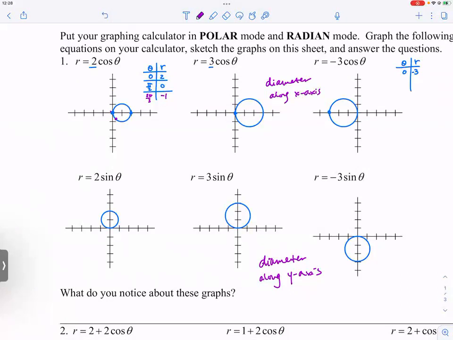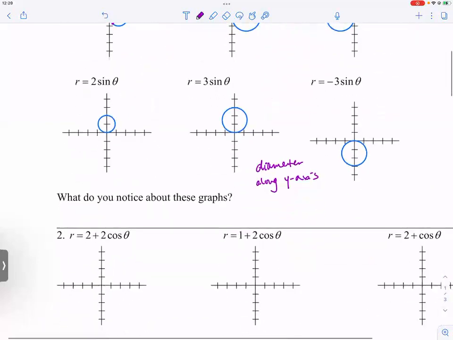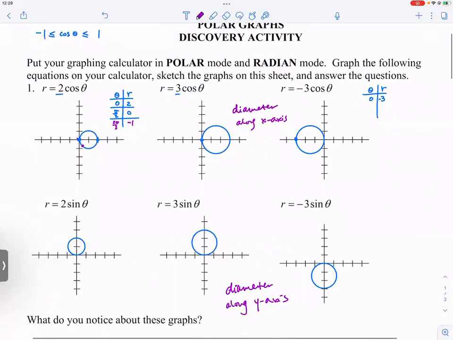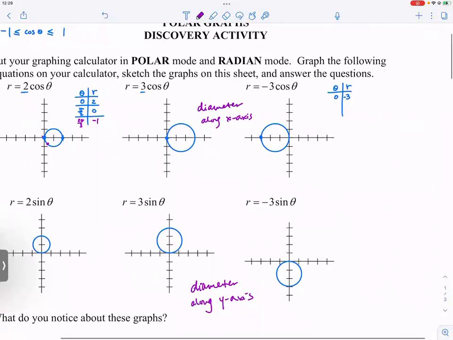So that's something you can observe. They're all circles. And the farthest away from the origin is going to be the number in front of the sine and cosine, because that will dictate how big the r is.